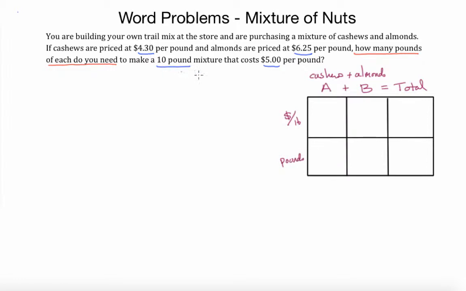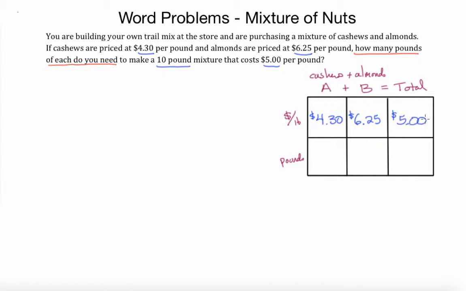Okay, let's translate the information we're given into my actual chart. So for cashews, they're priced at $4.30. I'm going to fill that in per pound. And almonds, B, is priced at $6.25. I want my total mixture to cost $5 per pound.